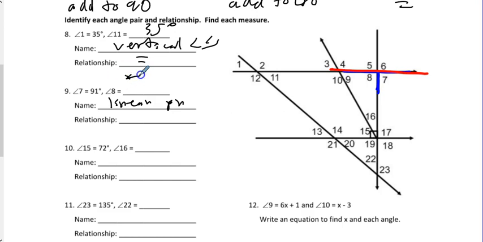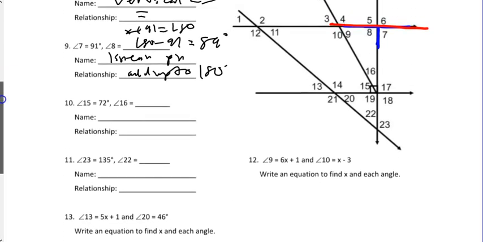So x plus 91 equals 180. 180 minus 91 equals 89. And the relationship is they add up to 180. If you use supplementary for the name, I accept that also.